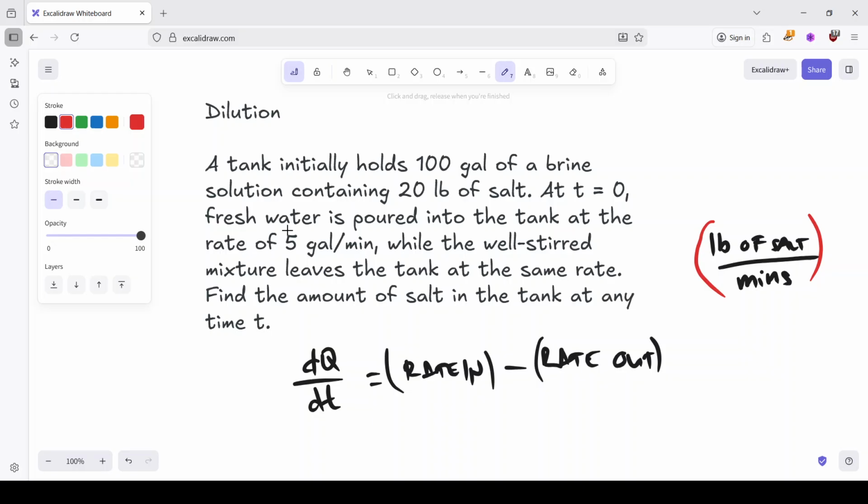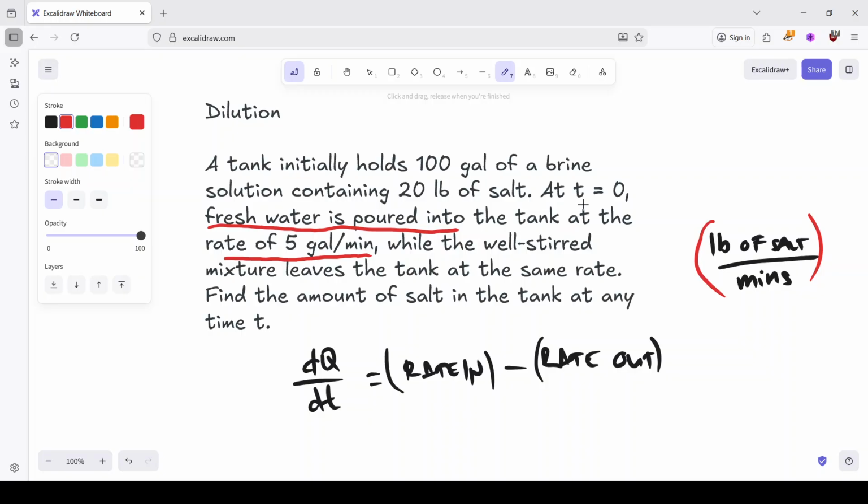Now, if we look at our givens, say on the going in side, the solution in part of our given. So here we have fresh water poured into the tank at the rate of 5 gallons per minute, right?